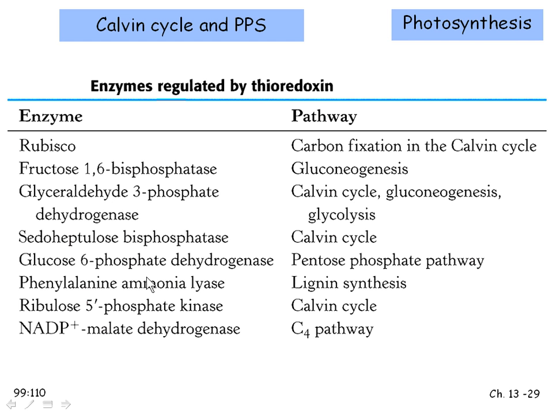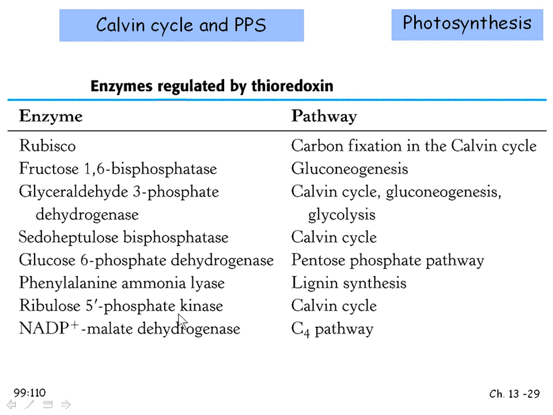One we haven't seen before is phenylalanine ammonia lyase, and this is part of lignin. Lignin is one of the more complex components of plant cell walls, and so if you're doing active photosynthesis, you're probably trying to grow, and if you're a plant trying to grow, you need more wall. And so by regulating the activity of a wall synthesis enzyme through photosynthesis, a product of light reactions, you couple the two.